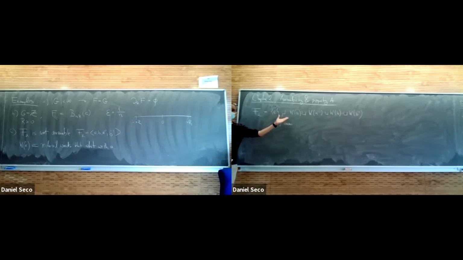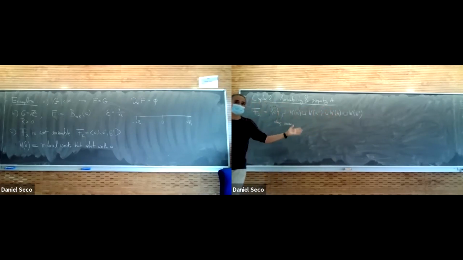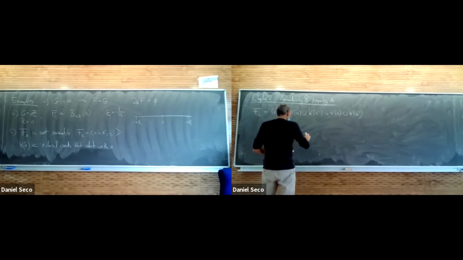Because any word is either the identity, or starts with A, A inverse, B, or B inverse. Yeah, that's obvious. But if you want, I can rewrite this in this way. Or in this way.